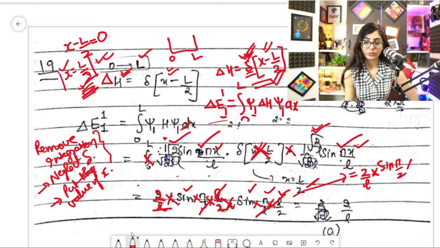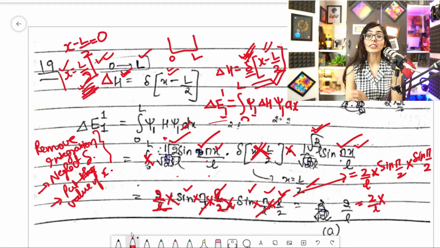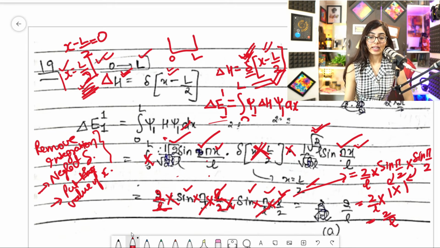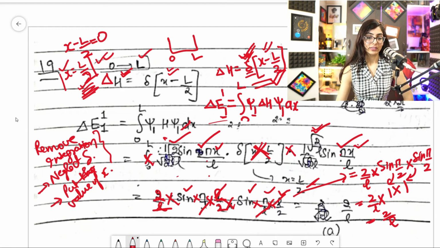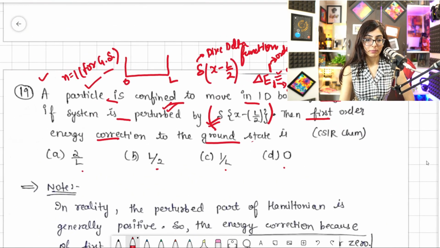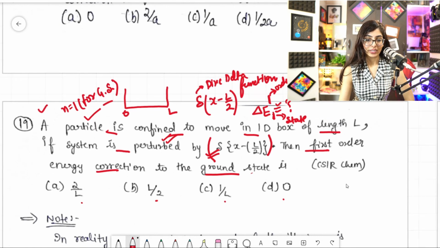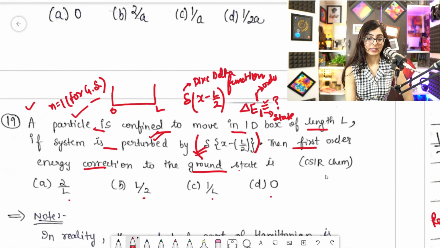You know sine 0 is 0 and sine 90 is 1, so it's 1 into 1. So it would be 2 by L. Let's see which option it matches with. It matches with option A, right? So option A is correct.